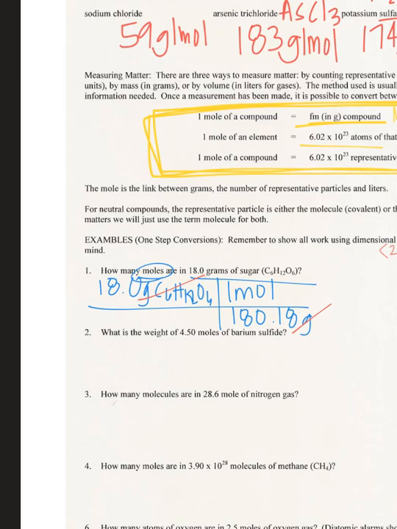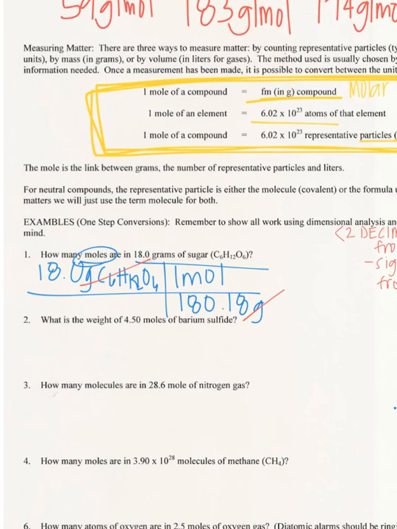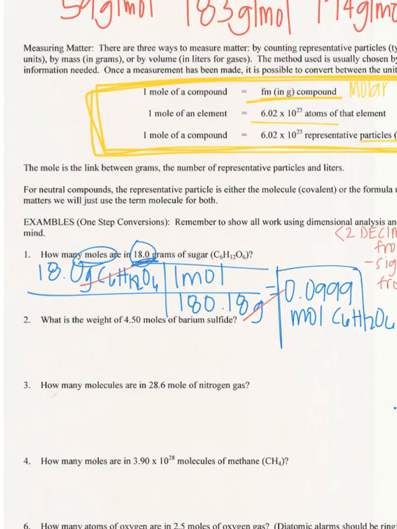All I'm left with is moles, which is 0.0999 moles of sugar. My given had 3 sig figs, so my answer has 3 sig figs.